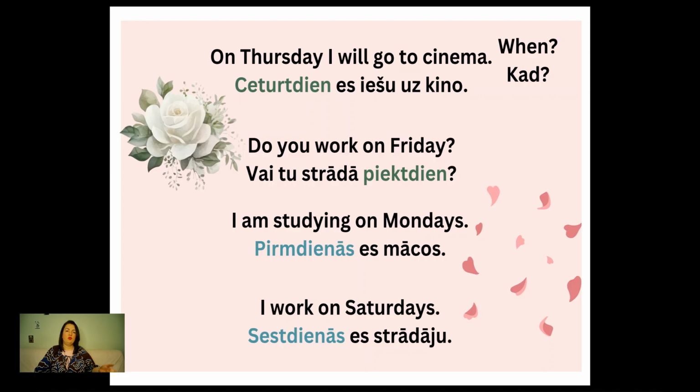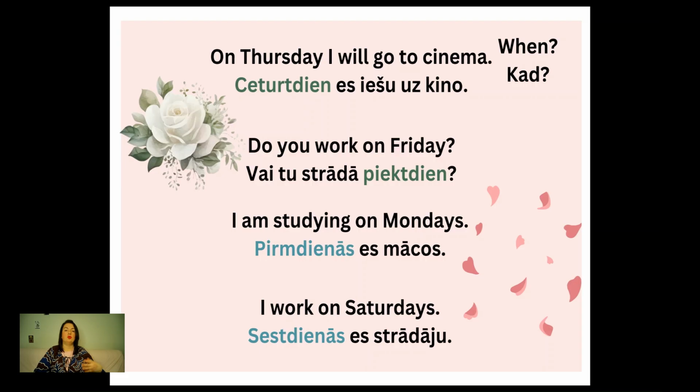So, instead of pirmdien, otrdien, trešdien, ceturtdien, piekdien, sestdien, svētdien, you would have pirmdienās, otrdienās, trešdienās, ceturtdienās, piekdienās, sestdienās un svētdienās. It means that they are in plural form and it is an adverb.